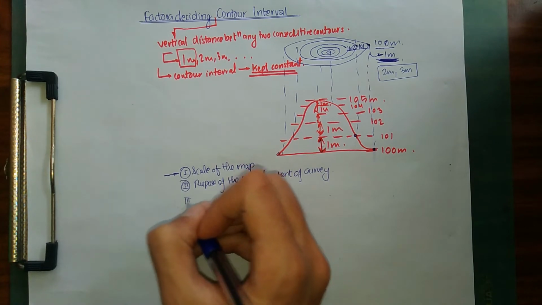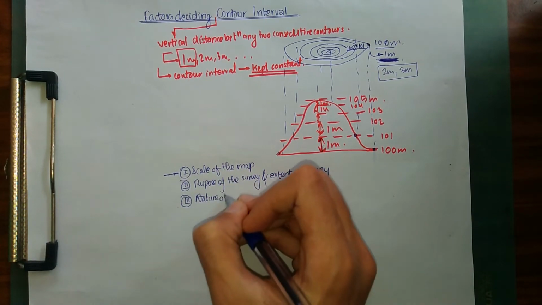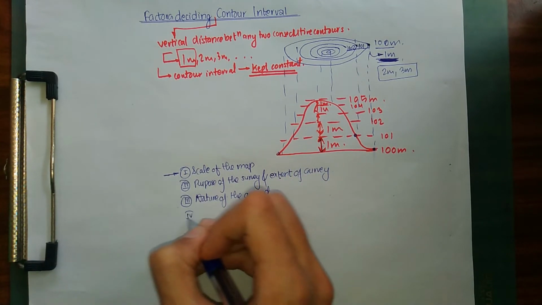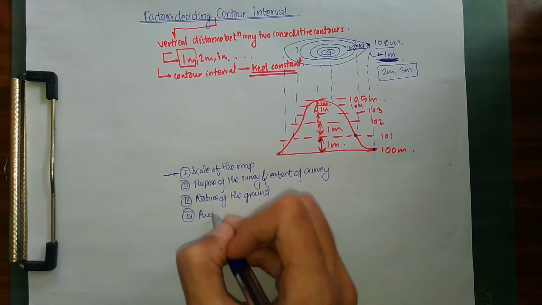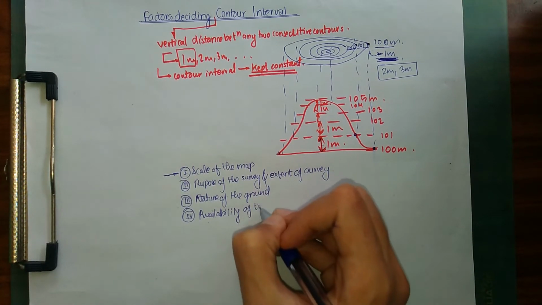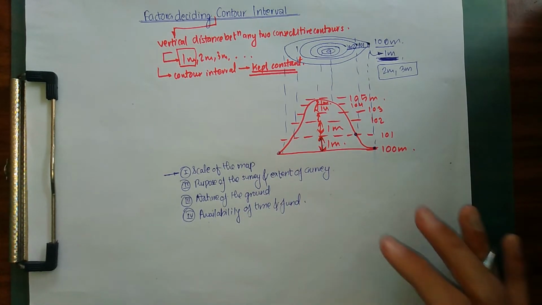In third we have the nature of the ground. And in fourth we have the availability of time and fund, which is an important factor deciding contour interval. We're going to talk about all these factors one by one.